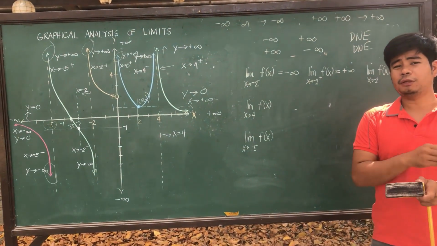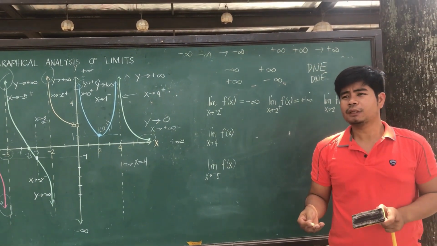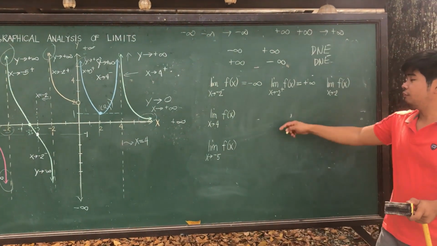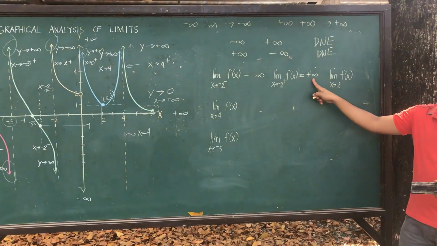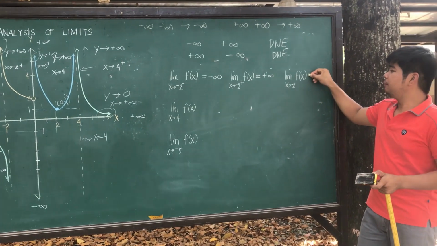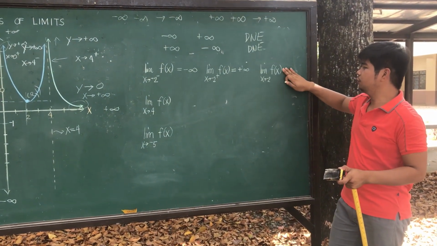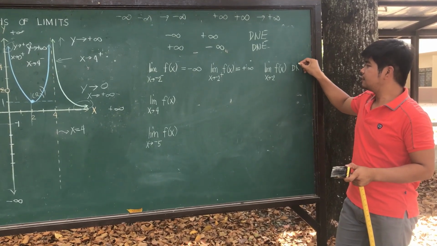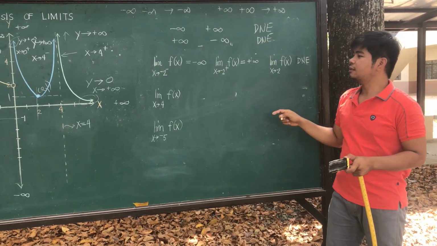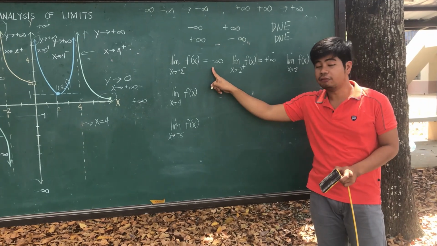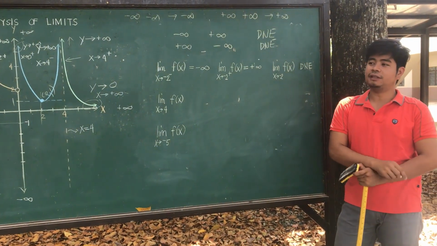We are just referring to the behavior of y. Okay? That is the infinity. So if this is negative infinity, the other is positive infinity. So the limit of f of x as x approaches negative 2 does not exist. Okay? Kasi hindi pareho negative infinity and positive infinity.